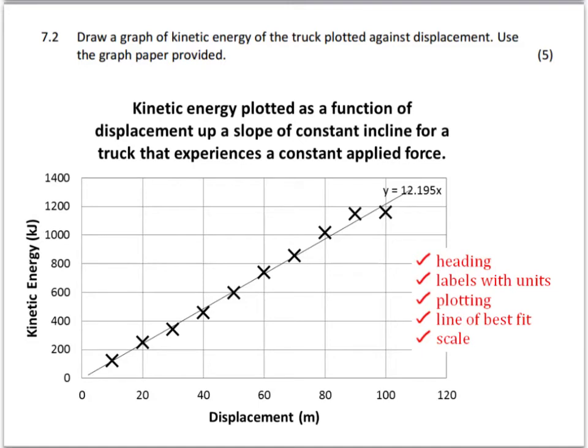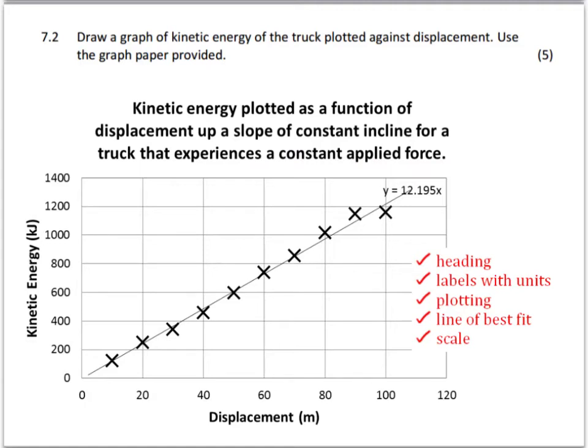In this case, the dependent variable is the kinetic energy. Your independent variable is the displacement of the bucky. And in addition to that, it should also give you a little bit of context or possibly a purpose for drawing the graph. So here we've spoken about the slope of constant incline for a truck, in this case actually it's a bucky, that experiences a constant applied force. So we've given a little bit more information, which makes for a good heading.